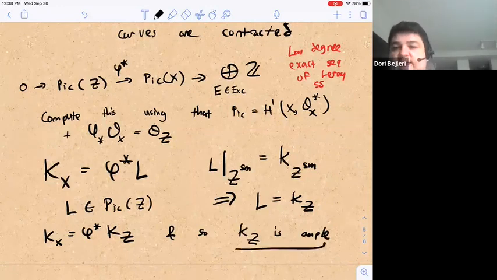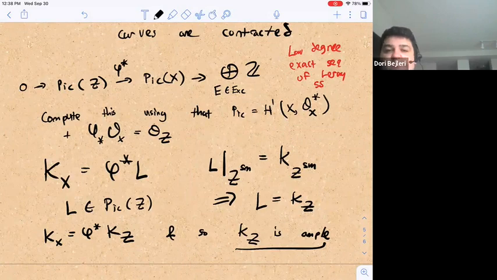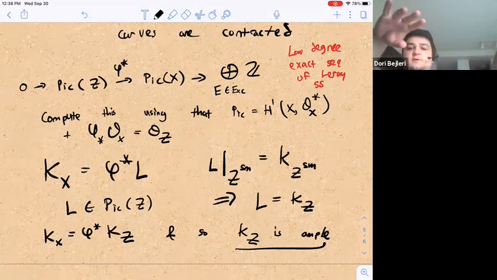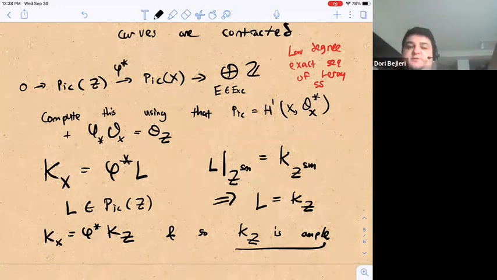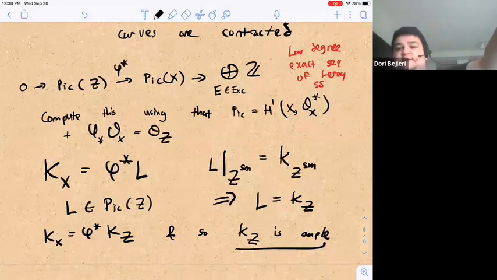So any curve, if we have any curve through Z, we can take its pre-image in X, and this will be some curve that's not exceptional plus some exceptionals. So then if we intersect KZ with any curve, this is the same as intersecting KX with a curve plus some exceptionals, which is strictly positive because this curve isn't contained in the exceptional locus, so it has to be KX positive.